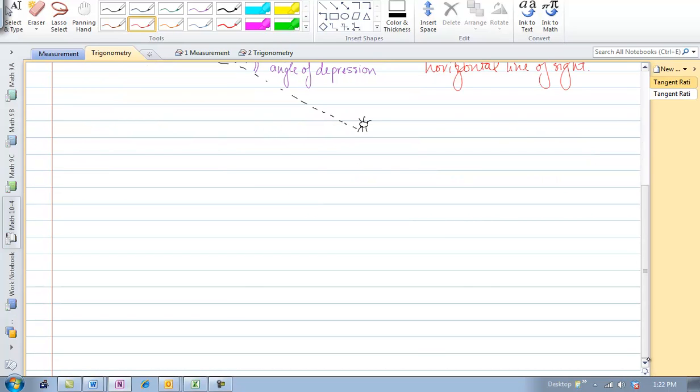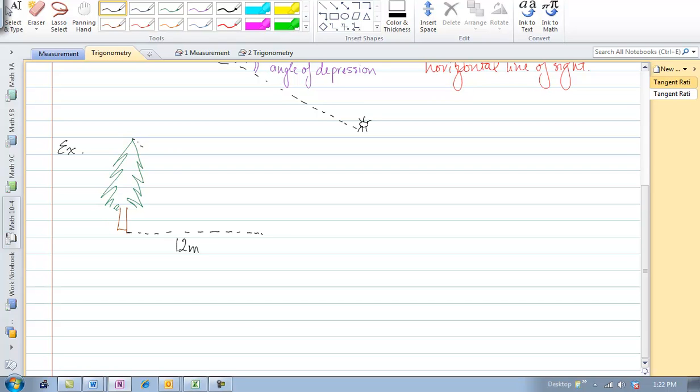So let's take for example then that we have a tree, and we've been able to measure that the distance that we are standing away from the tree is 12 meters.